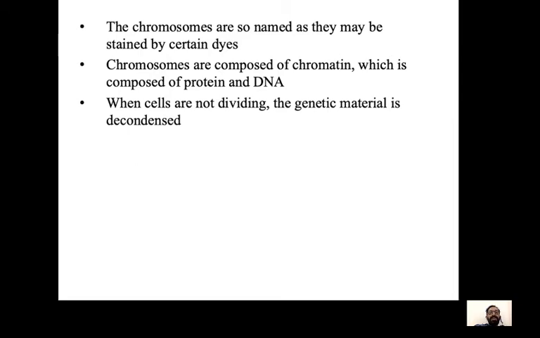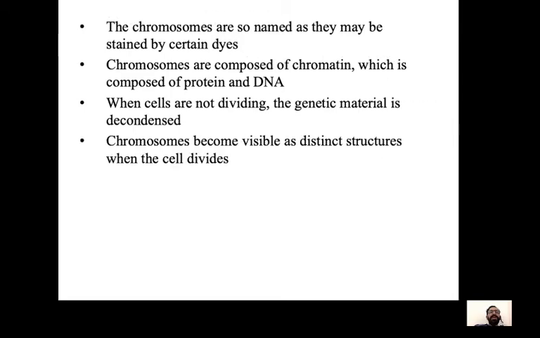This is very important: when cells are not in the dividing phase, we cannot see the chromosomes, probably because they are decondensed. Only during mitosis, or the division of the cells, the chromosomes are condensed and we can see them under the microscope.